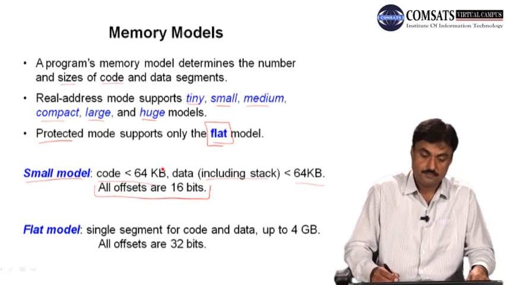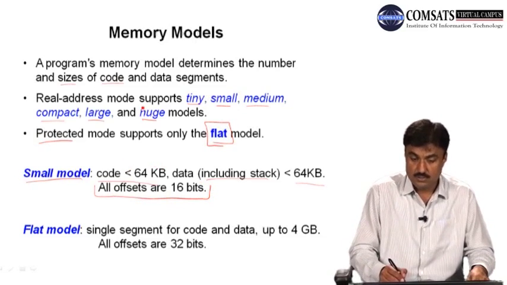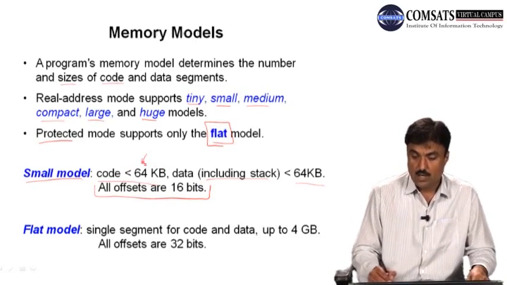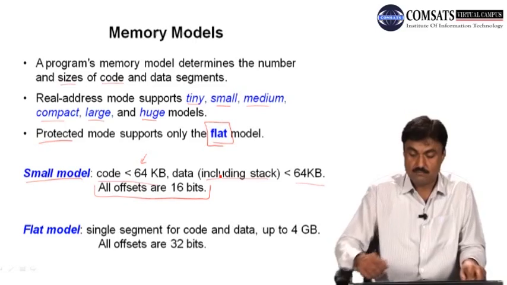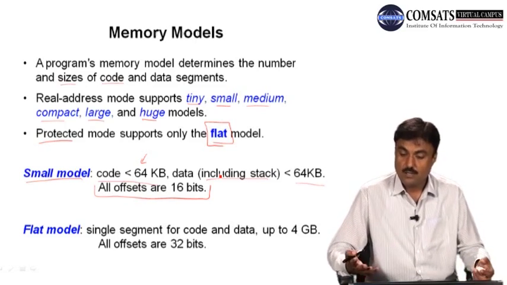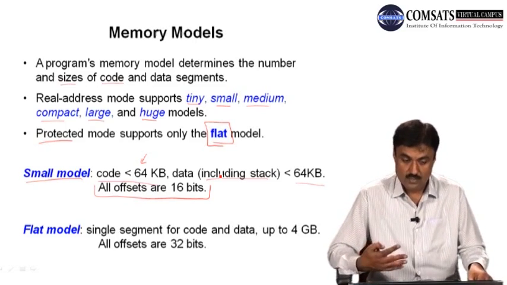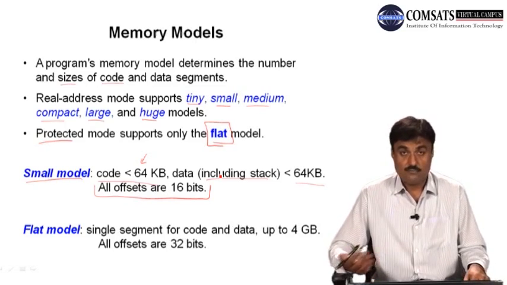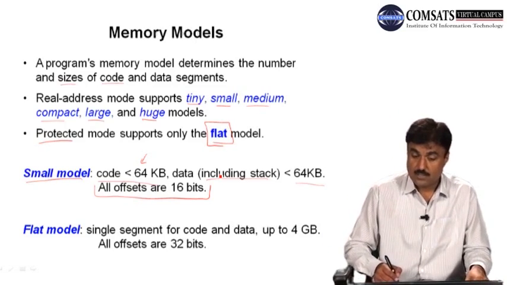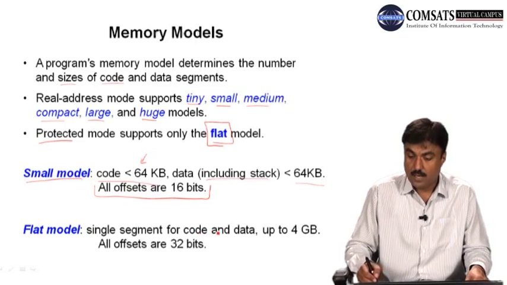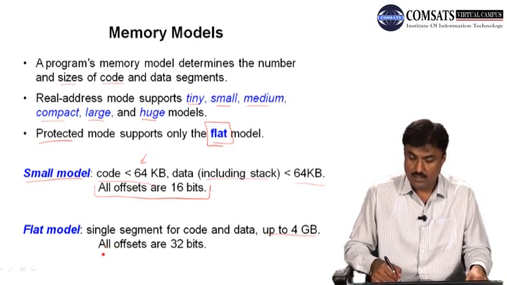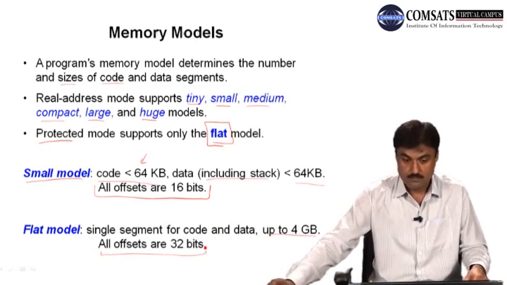If you use huge, this size increases. We are using the data and the stack in the same area, and together they must be less than 64 kilobytes in the case of small. In the case of the flat memory model, a single segment for code and data up to 4 GB is used, and all the offsets are 32 bits.